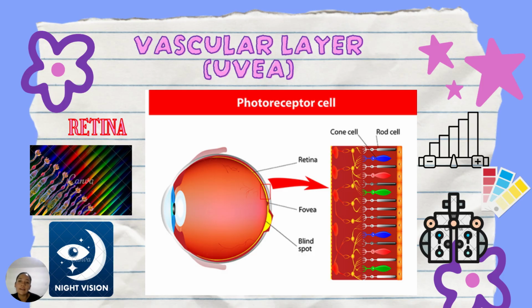So basically, to memorize this: rods, night vision, like the cats, and cones, colors, cones with C and colors with C.